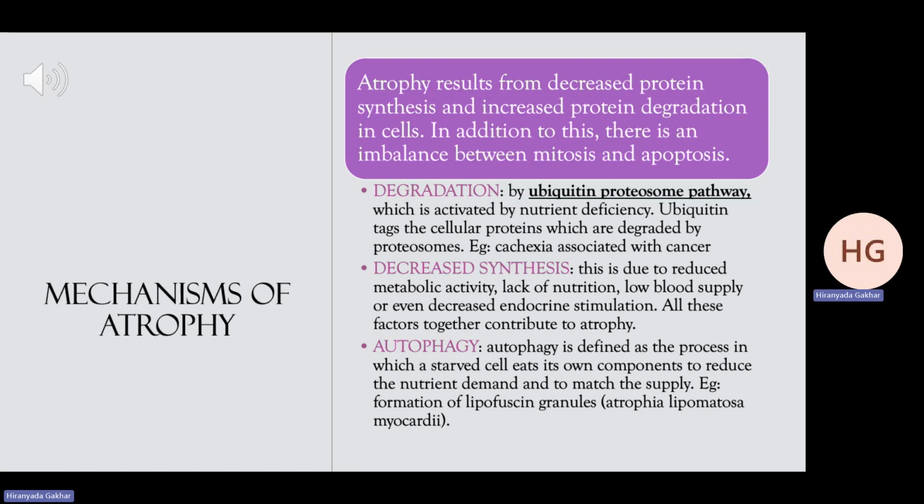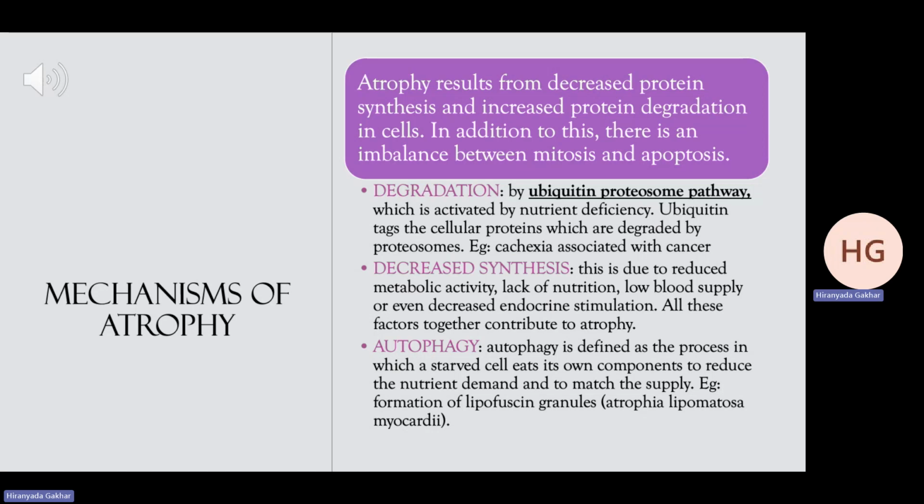With decreased synthesis, it is due to reduced metabolic activity, can be due to lack of nutrition, as we discussed before, can be due to a reduced blood supply or decreased endocrine stimulation. These factors together or separately contribute to atrophy. With autophagy, it is the process wherein the cell is starved.